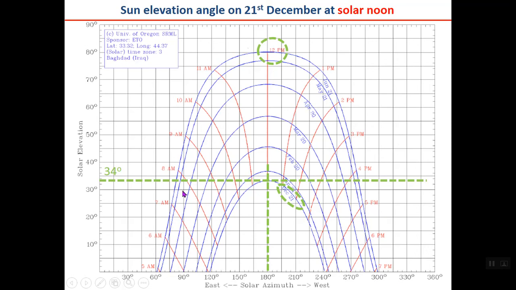The blue curves here show specific days of the year. The top one is for 21st of June, and the lowest one is for December 21st. The red lines here are the times of the day, for example 6 a.m., 7 a.m., or others.